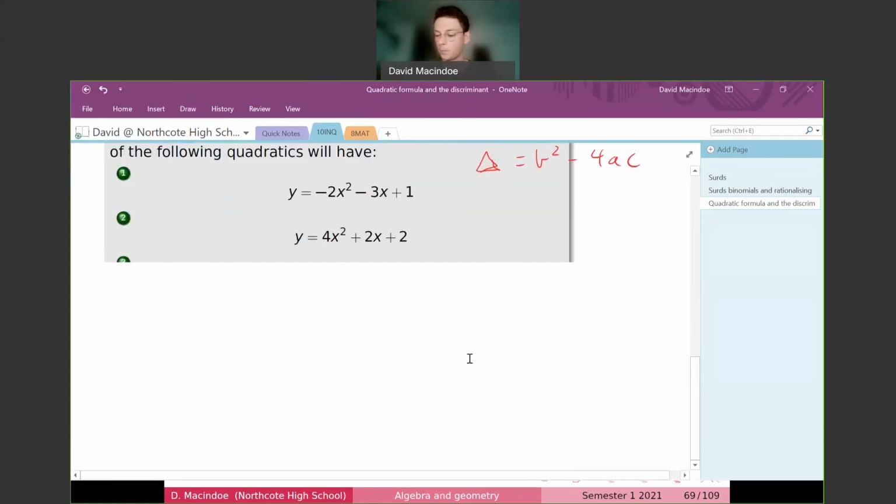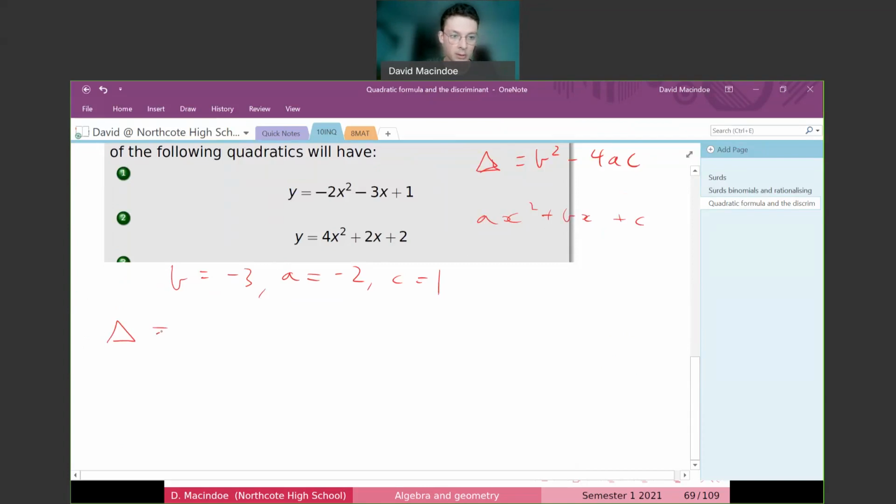So for this first one, b is -3, a is -2, c is 1. The negative signs stick with the parameter, because normally it's ax squared plus bx plus c, and there are no negative signs there, so we have to include them.